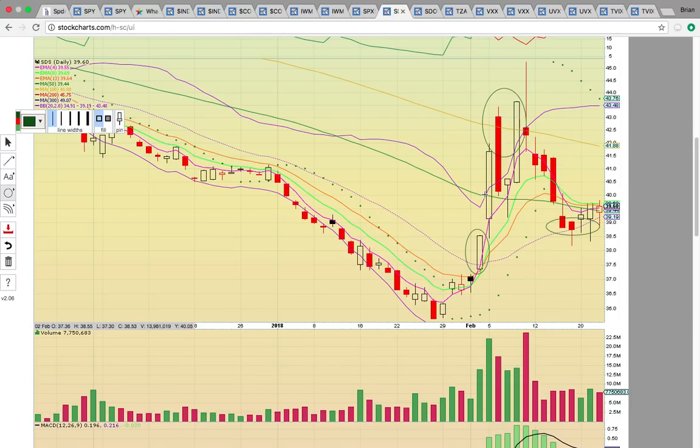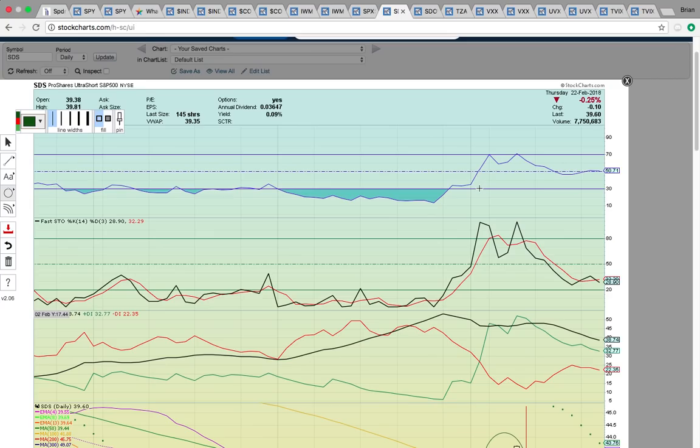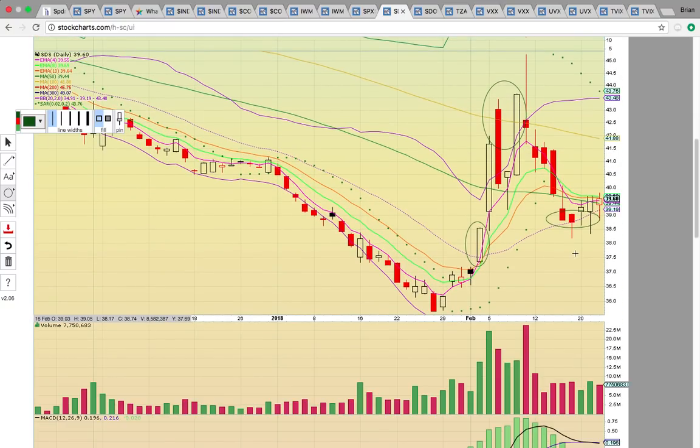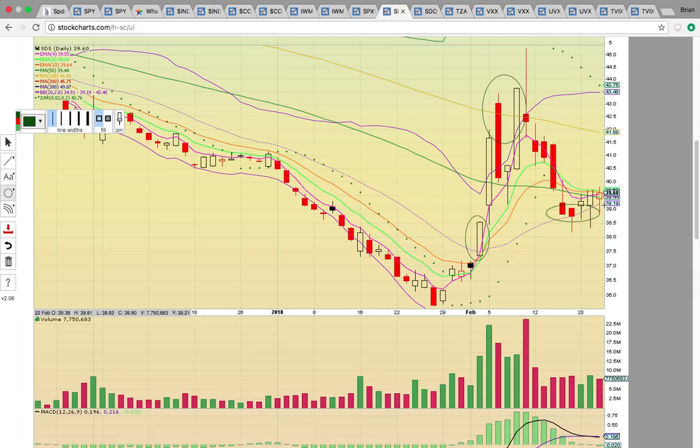So let's look at SDS. This is ProShares Ultra Short. This is the one I just showed you, bouncing off of there. The exact same thing. They're loading up. If it breaks above, it's going to signal it's ready to head higher. It did close above the 50-day simple moving average today. That was bullish.